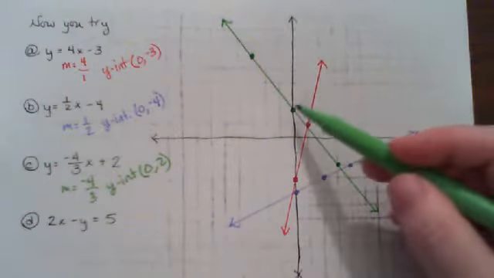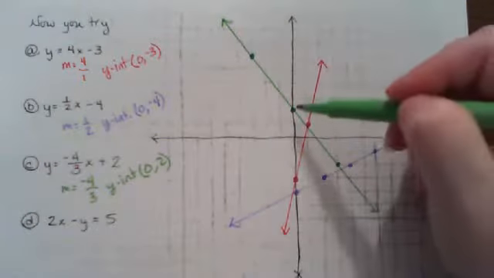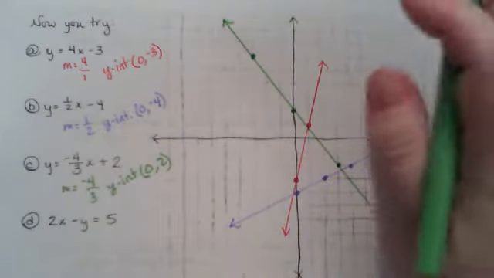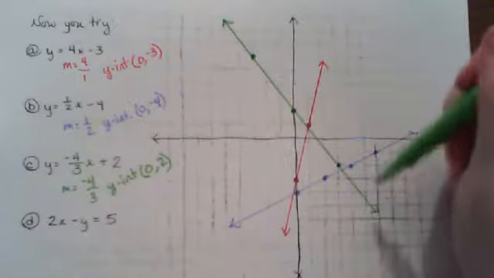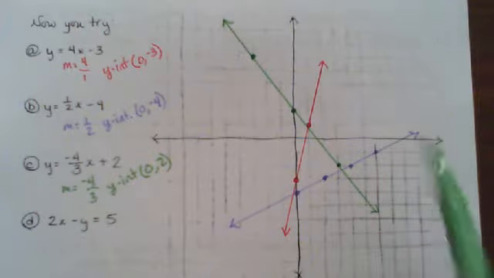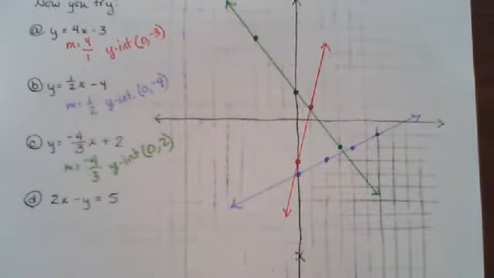So if you use just those two dots, that's fine. If you use just these two dots, that's fine. But your line has to look like this. Just like when we did the XYT chart, you didn't have to have the same points that I had. You just had to have the same line, because the line is your answer when they're asking you to graph a line.